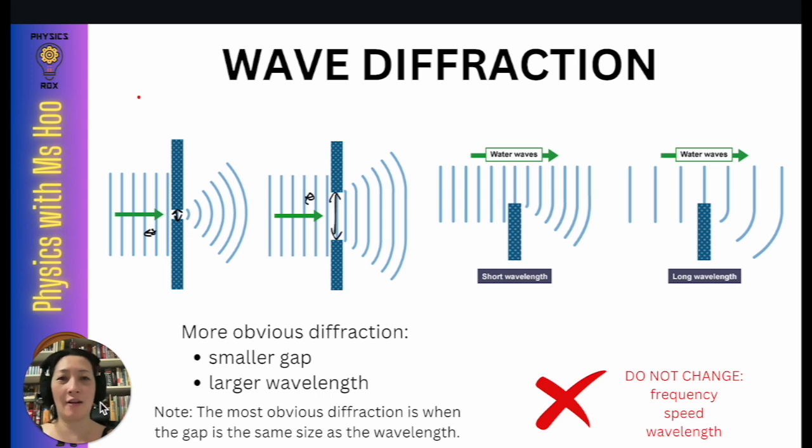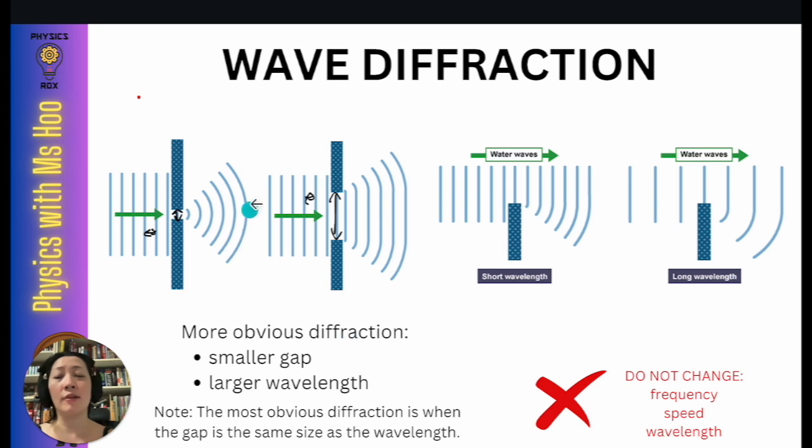Just a little add-on. Now, this is not really something that you'll be tested on in IGCSE, but if you're going to take physics at a high level, like A levels, then it might be useful to know this. The most obvious diffraction is when the gap is the same size as the wavelength.